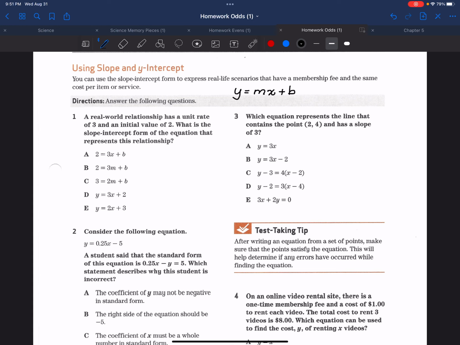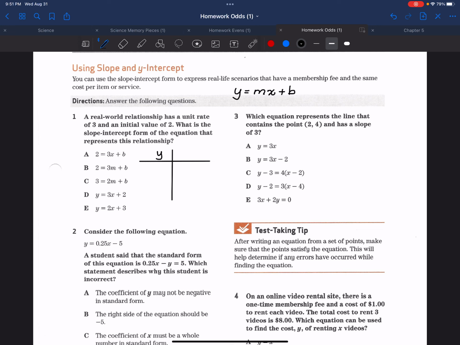Number 1. A real-world relationship has a unit rate of 3 and an initial value of 2. What is the slope-intercept form of the equation that represents this relationship? So we want slope-intercept.